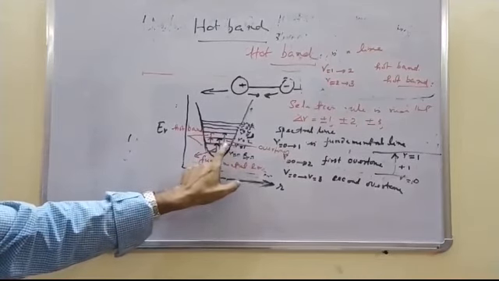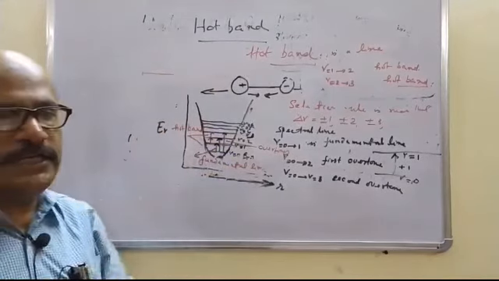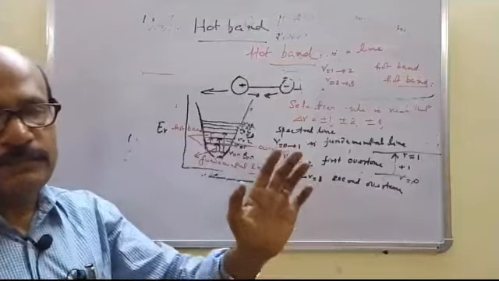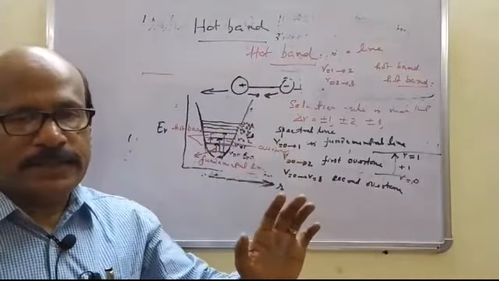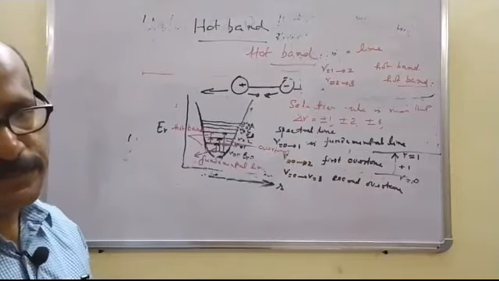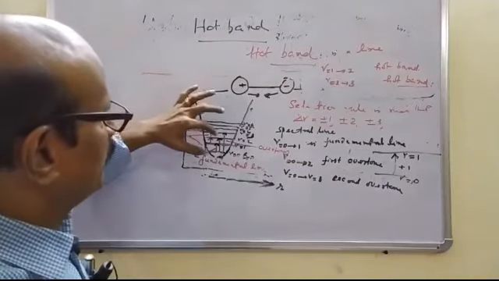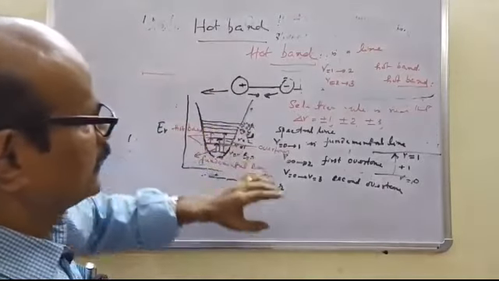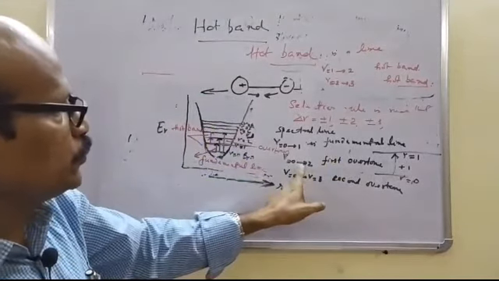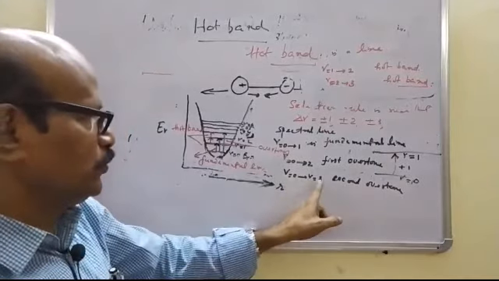Then 0 to 2, 0 to 3, 0 to 4, etc. are overtones: first, second and third overtone, which are of higher frequency than the fundamental, about twice, 3 times, 4 times the fundamental line, but of decreasing intensity. 0 to 2 is the first overtone, 0 to 3 the second overtone.